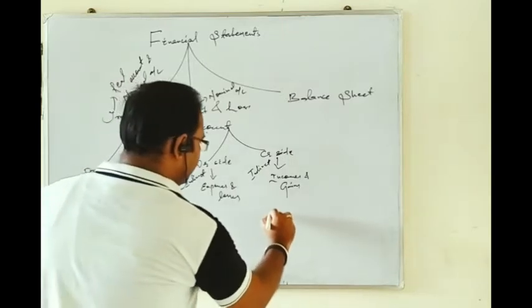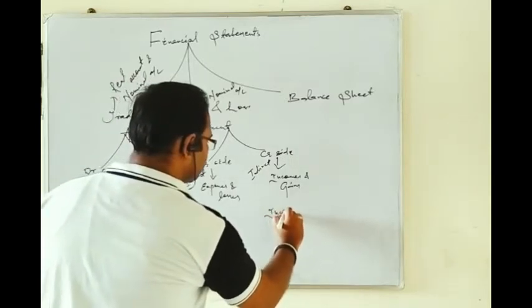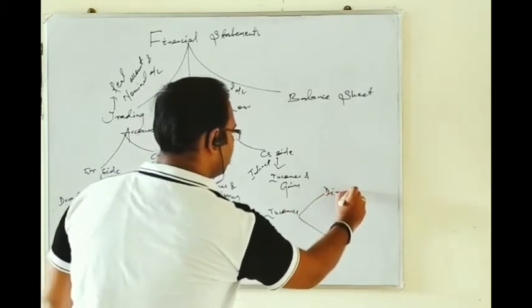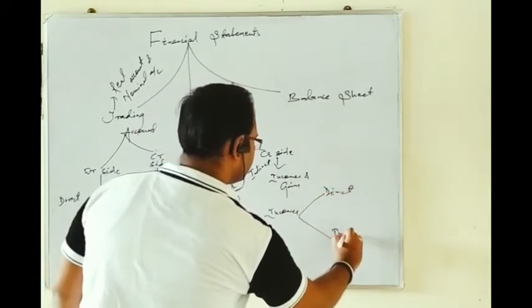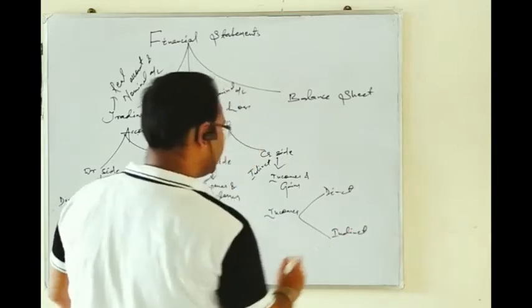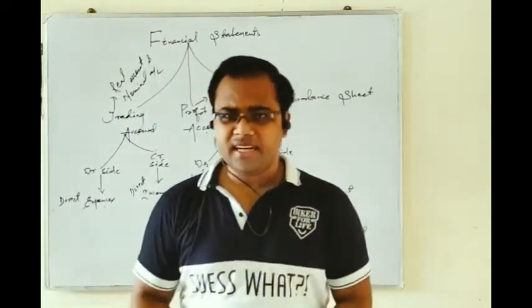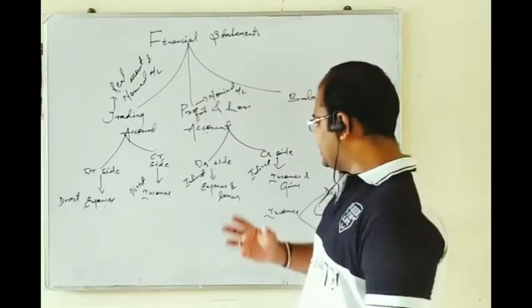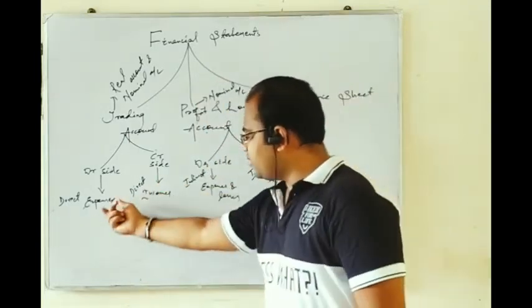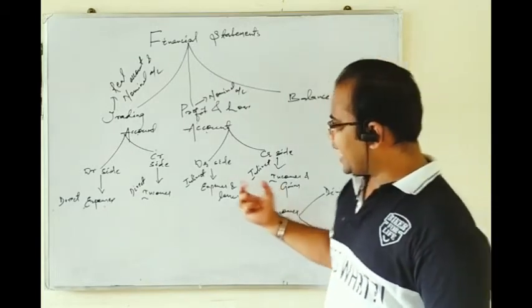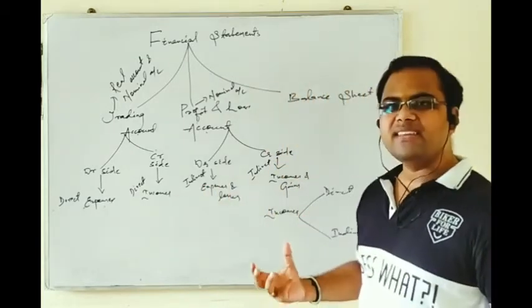If you take an example of incomes, incomes are of two types, that is direct or indirect. There is no need to mention in so much detail that they are of the same nature. Just the difference is expense is a payment, income is a receipt. But when you talk about direct expense and direct income, the meaning is the same.